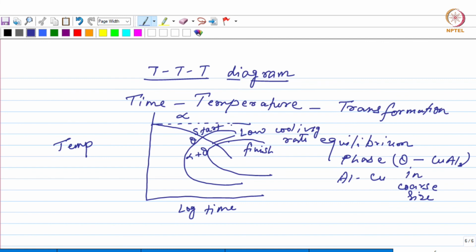On the other hand, if you have a cooling rate such as this one, which can avoid the nose of this TTT curve, then this will lead to a supersaturated solid solution.